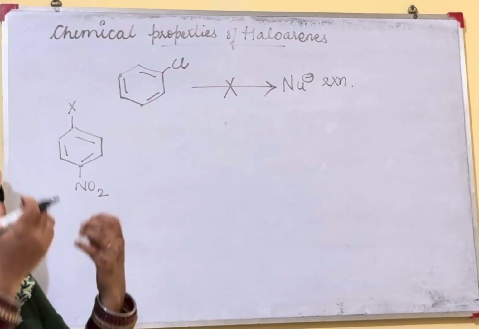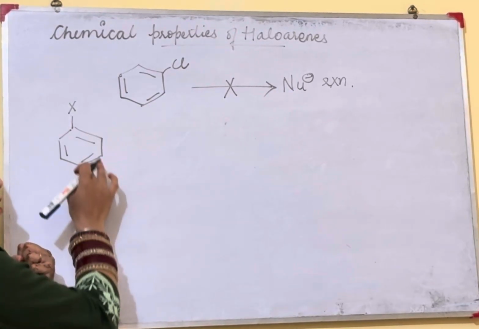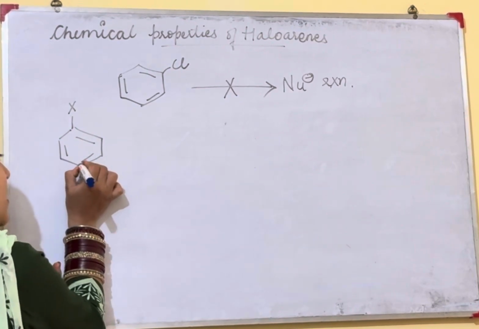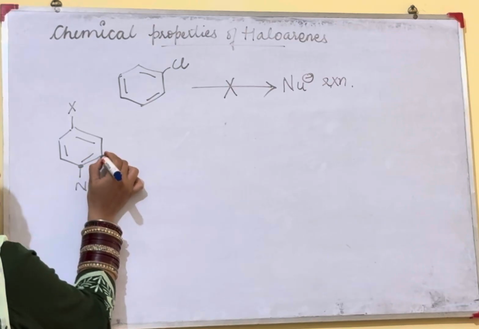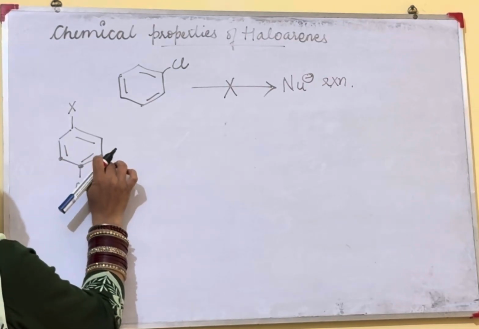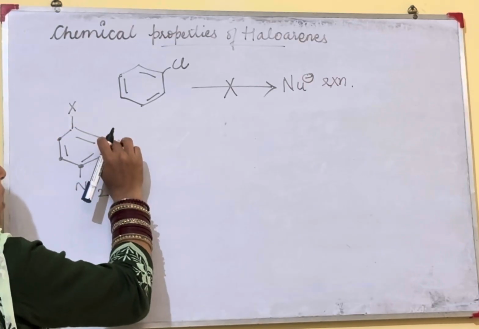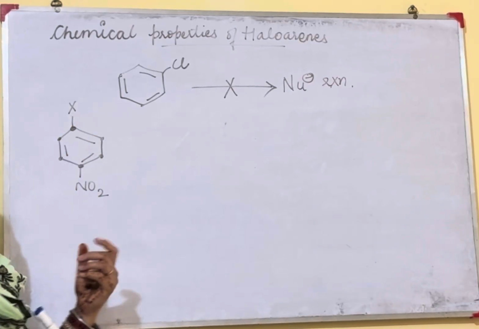It withdraws electrons from this benzene ring. What will happen? It withdraws electron from this carbon, and due to which it will take electrons from here, and this carbon will complete its deficiency from this carbon and ultimately from this carbon.